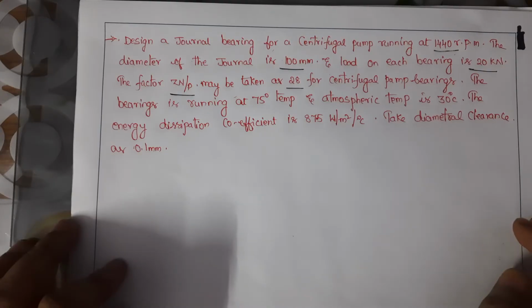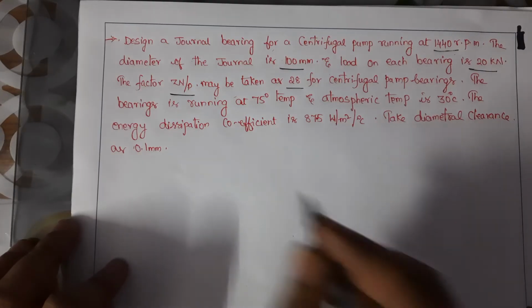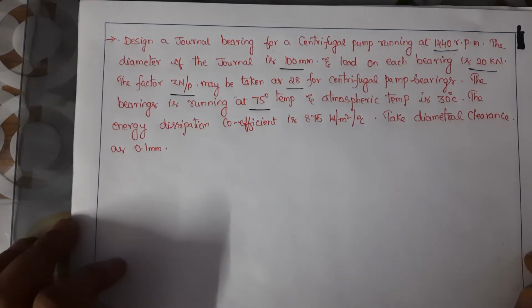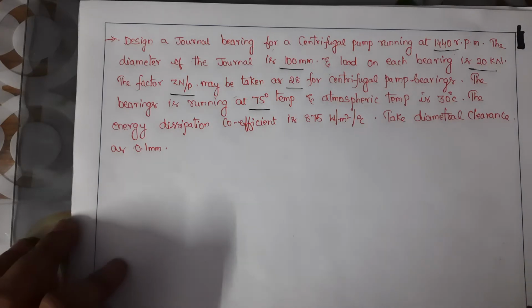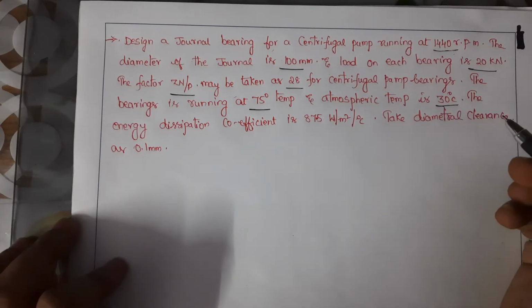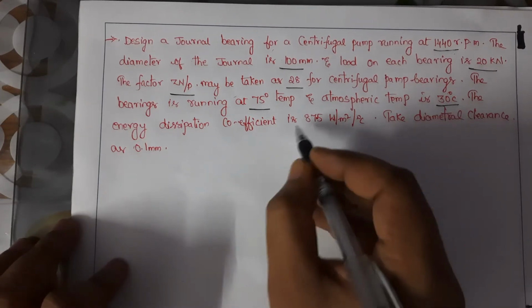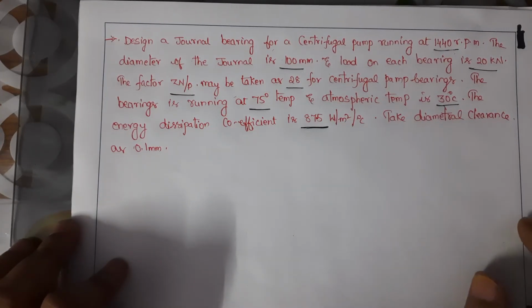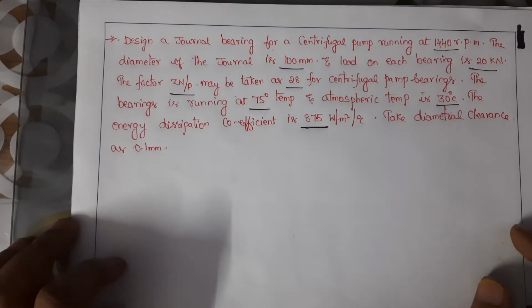Centrifugal pump bearings, and the bearing is running at 75 degrees and atmospheric temperature at 30 degrees centigrade. The energy dissipation coefficient C value is 87.5. The diametral clearance is given as 0.1.